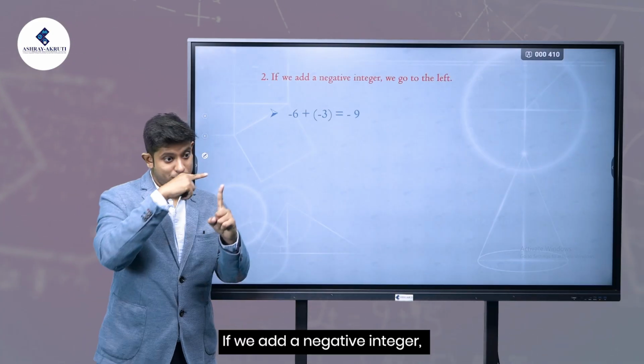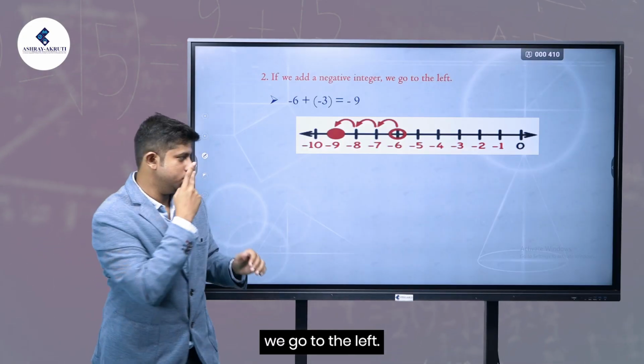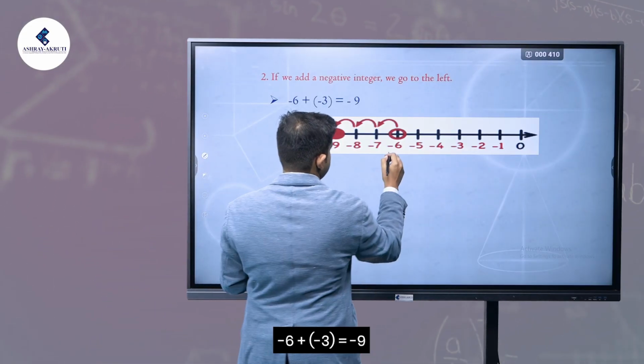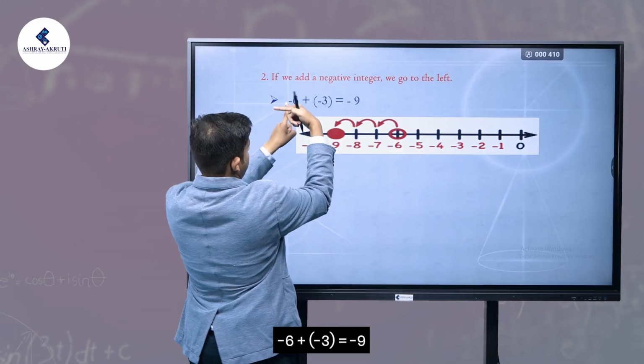If we add a negative integer, we go to the left. -6 plus -3 is equal to -9.